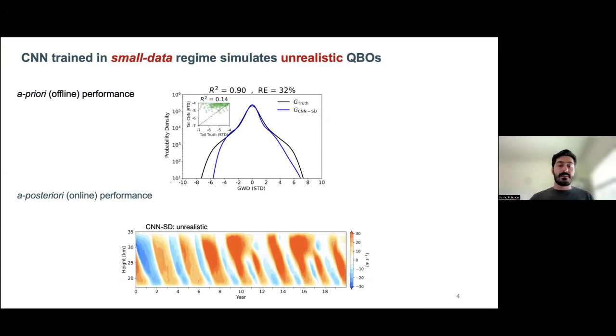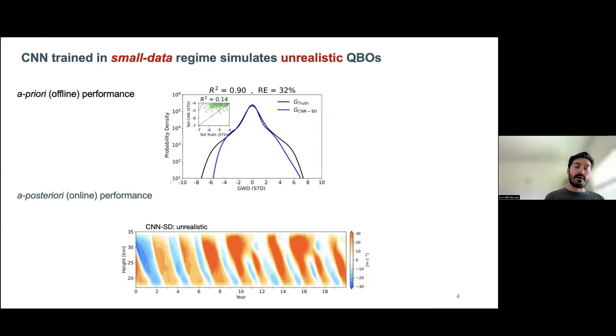But as Ed discussed, this can happen for many different reasons during offline training. There are many challenges, for example, the complication of extracting the true subgrid scale term from high resolution simulations, or the fundamental biases that exist between the base models and the target models, like high resolution models and GCMs, for example, due to biases in the sources of convection.